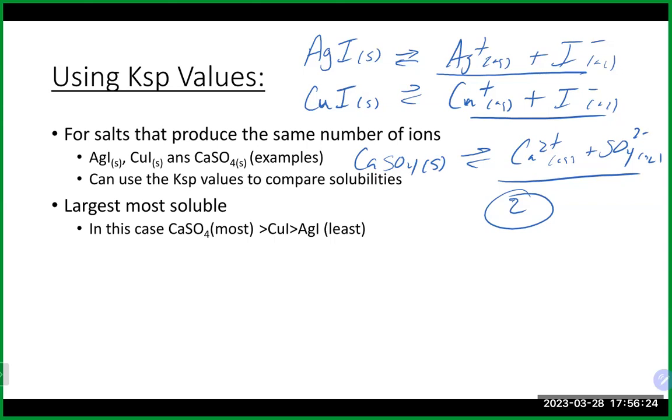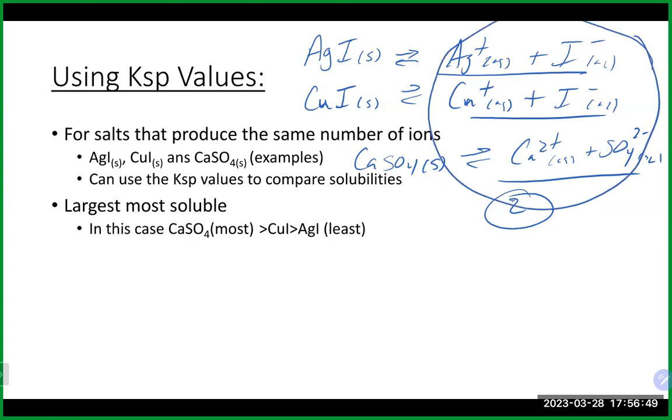The larger the Ksp value in that comparison, the more soluble something would be. That is because if I have a large Ksp value, I should mainly have products. A large K value means you have more products at equilibrium, and in this case, all the products are always the aqueous ions, which means they're soluble.